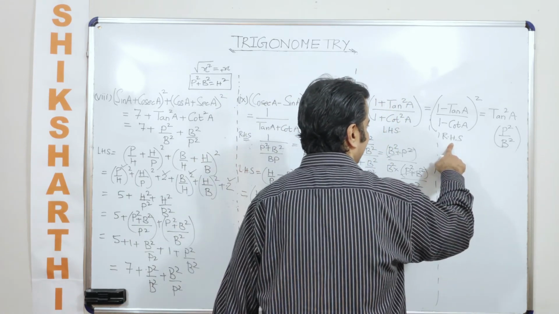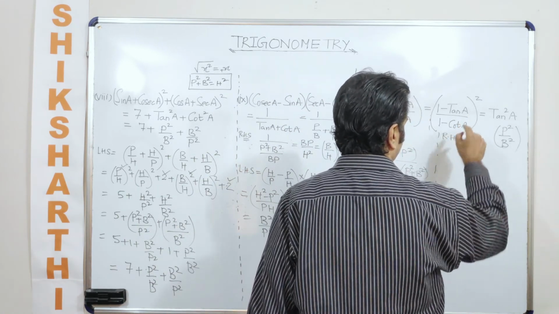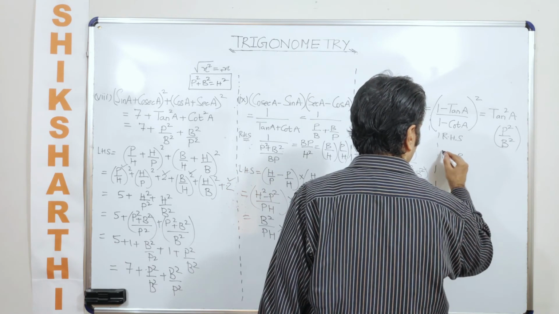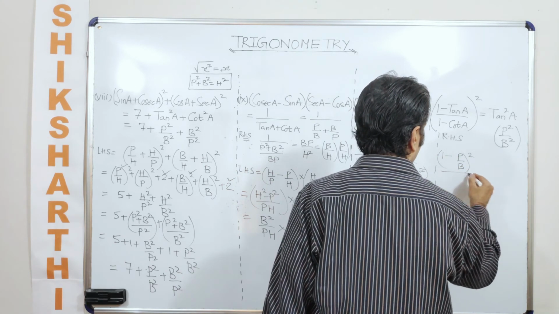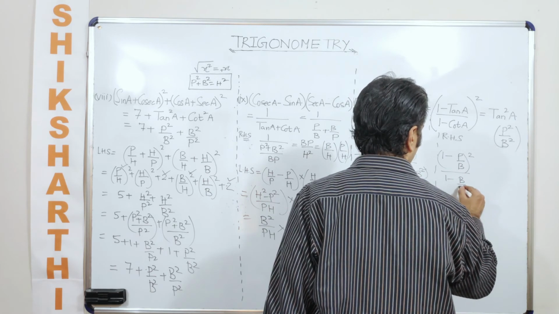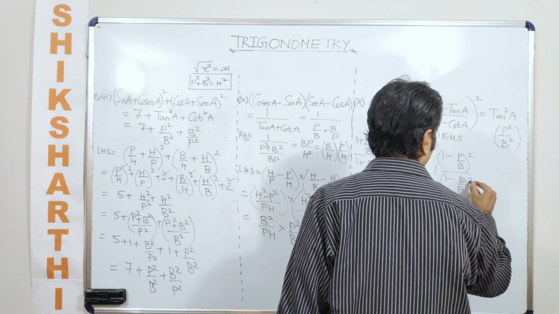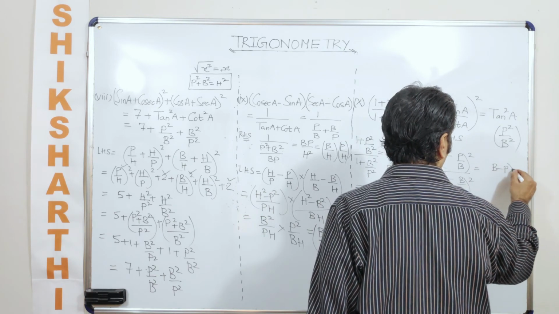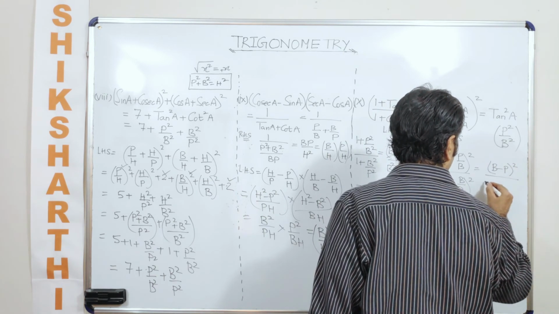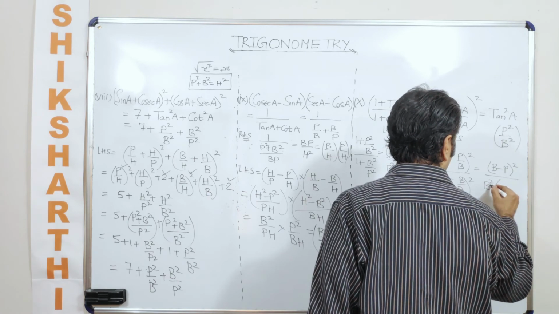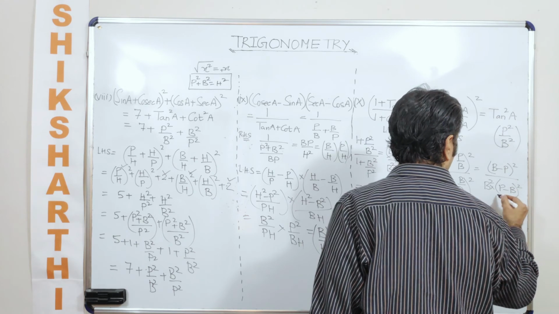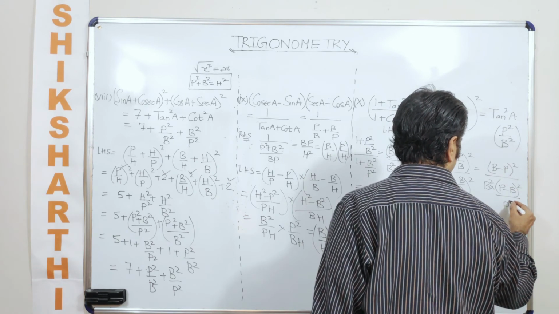So coming down to RHS, right hand side value. So can I write this as 1 minus p by b whole square divided by 1 minus b by p whole square? Yes. Further I can write this as (b minus p) whole square divided by b square into (p minus b) whole square divided by p square.